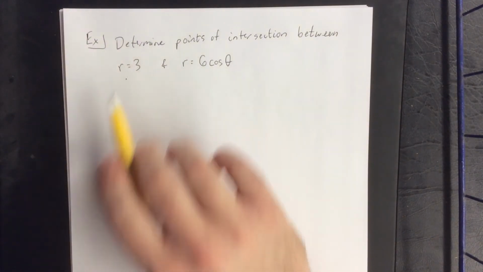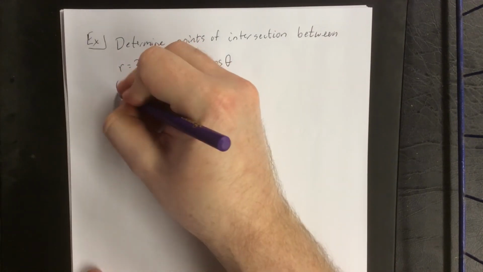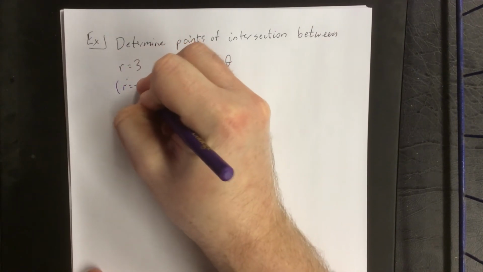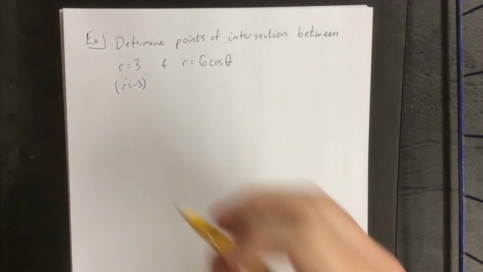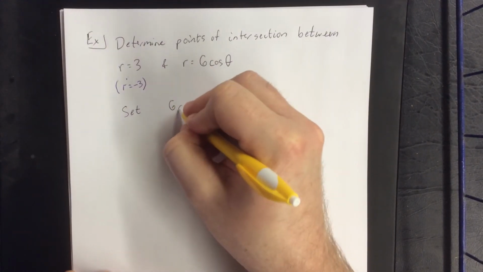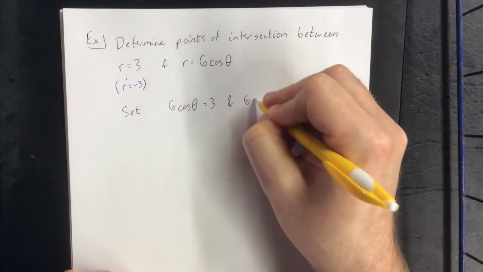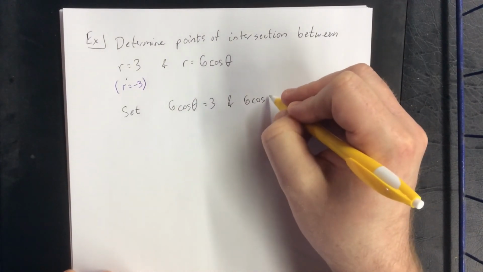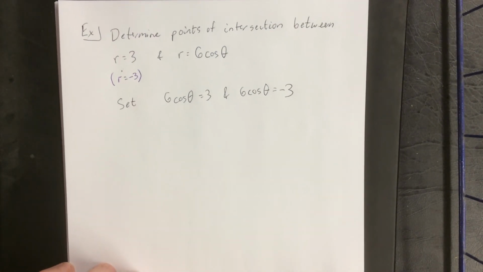Now do keep in mind that when we say r is equal to 3, technically r equals negative 3 would be the same graph. It would just be the opposite side. So with that in mind, we are going to set 6 times the cosine of theta equal to 3, and we're also going to set it equal to negative 3, and see what we get.